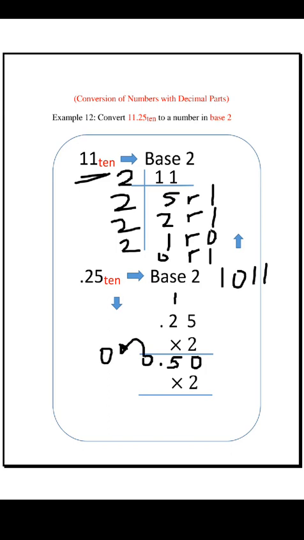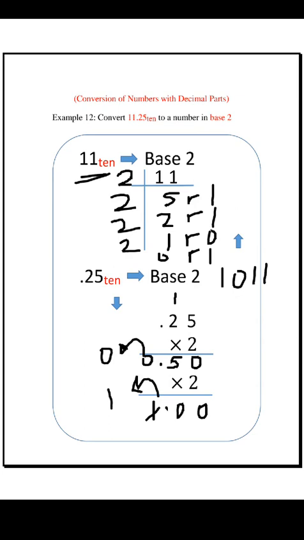So we continue. 2 times 0 is 0. 2 times 5, 10. Remember 1. 2 times 0, 0 plus the 1, 1. So we take the 1 out also. When you take the 1 out, this place will become 0.00, so there's no need to continue the multiplication.